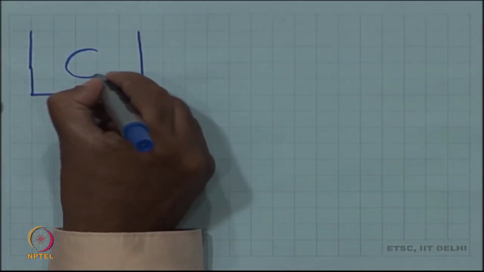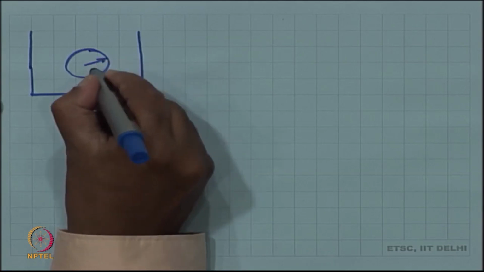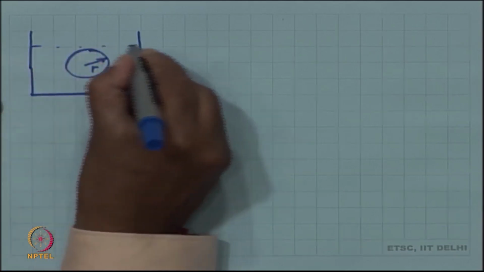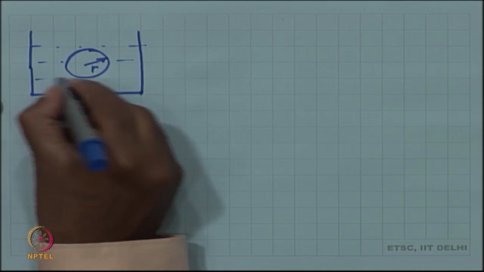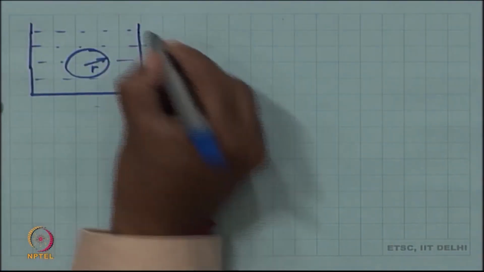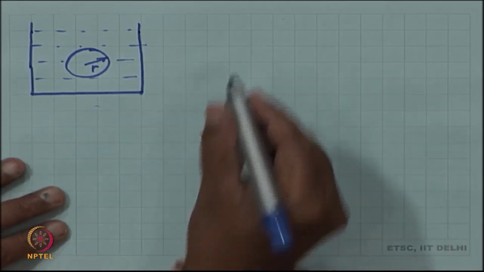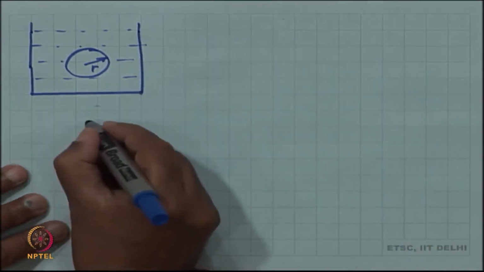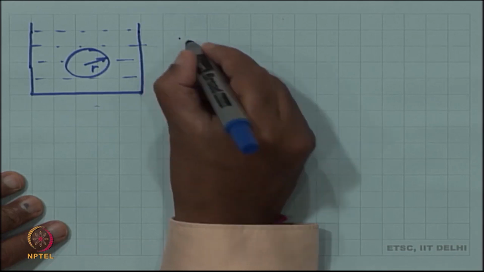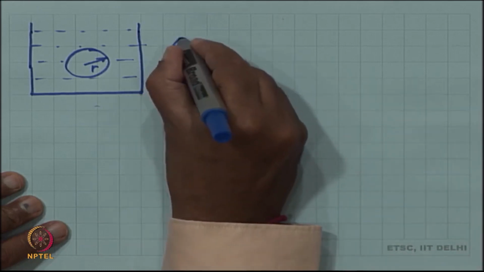So, we have this solid ball of radius r in our liquid, and we are trying to write the expression for free energy change.